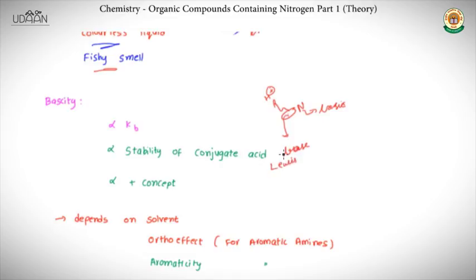Now, the basicity of a compound depends upon these factors, namely the Kb. That is, the Kb of a compound will be more if the compound is more basic, because Kb gives you the dissociation constant. Now, if a given compound has a higher dissociation constant, it implies that the given compound is more reactive.